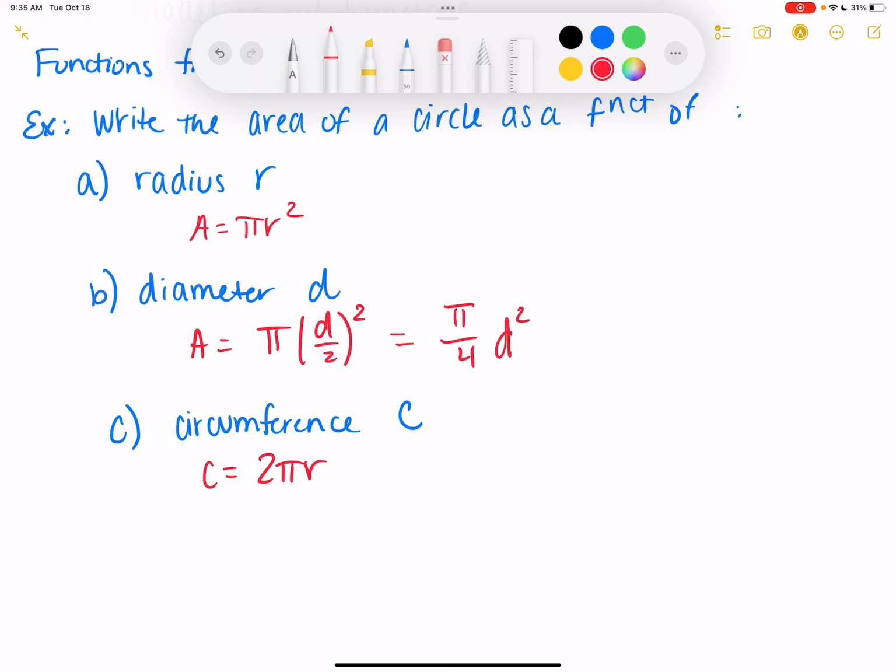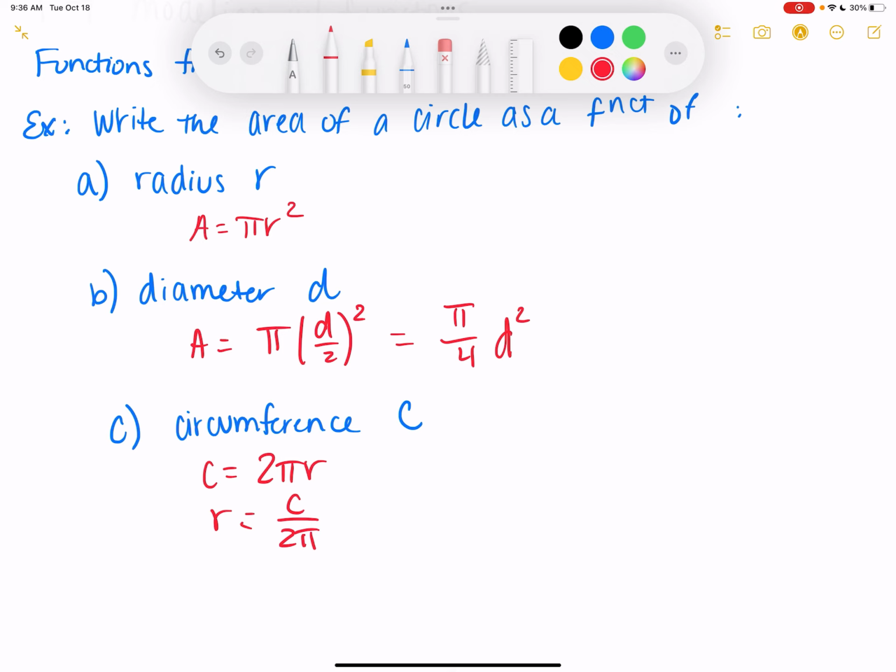So I need it as a function of circumference. I need to replace the radius up here, so I need to solve for radius to get it as a function of circumference, and then plug that in where r is in the original equation. So we need to rewrite this as r equals whatever, so that we can replace r with c. Getting r by itself, r equals c divided by 2 pi.